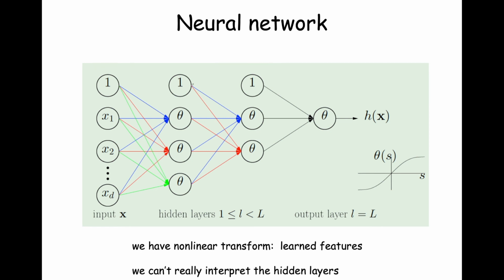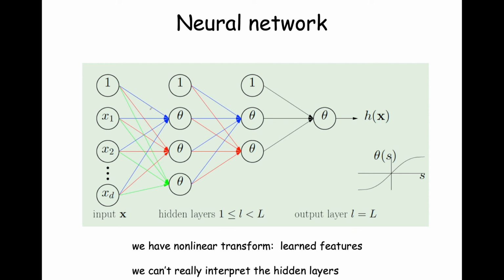And so if you think about it, what this network is doing in the forward pass, we have a combination of values through a nonlinear transform. These are essentially features. A feature is a nonlinear transform, like we talked about with a phi function. But these particular features are tuned by the weight vectors that change. These are learned features.